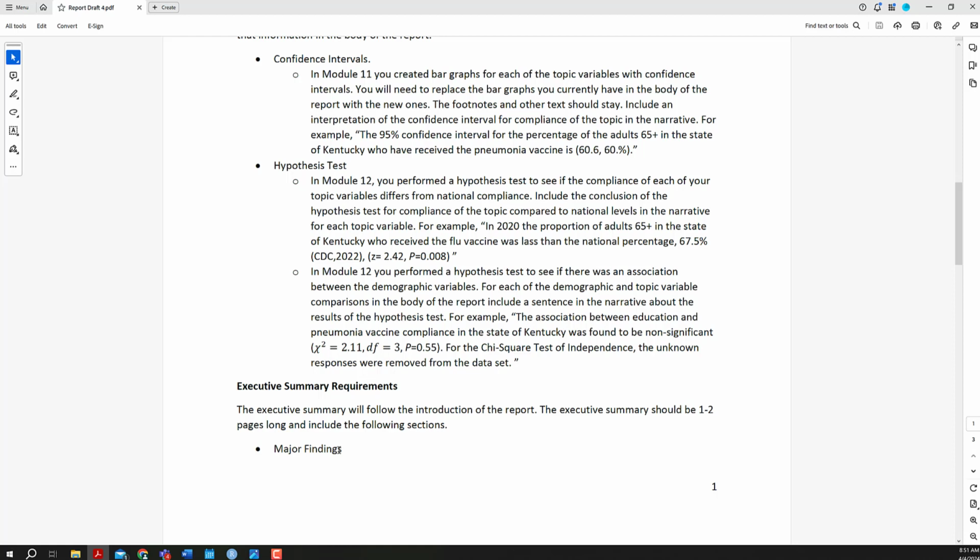And one thing to keep in mind, especially with the comparisons, is often what these comparisons do for us is, let's say, for example, we wanted to have a campaign to encourage people to get the pneumonia vaccine. Well, often what we want to do is target that to the groups that we see are not getting the vaccine compared to other groups, or not getting it at as high of a rate.